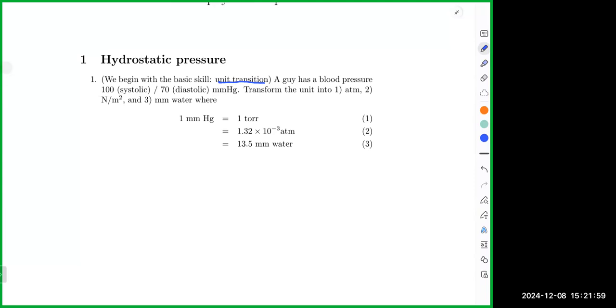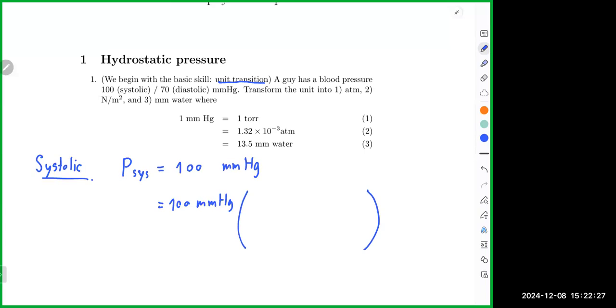I consider the systolic pressure first. P of the systolic is 100 millimeters of mercury, right? If you would like to turn it into ATM, the one that you would like to have is the ATM, so put it on the top.